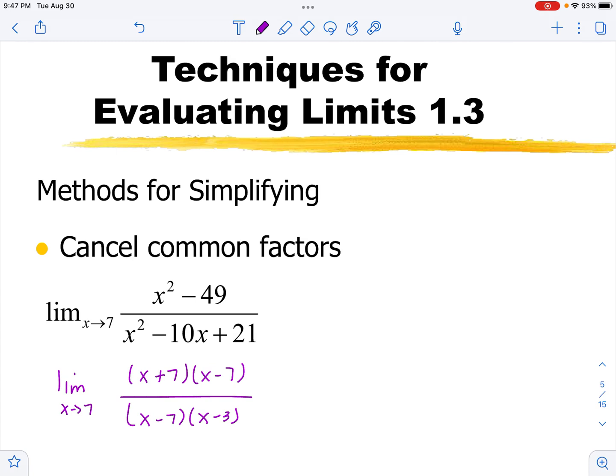We can't have 0 in the denominator, so it is undefined at 7. But when we factor, we can cancel those like terms. So again, direct substitution now is going to give us 14 over 4, or 7/2. So again, it does have a limit, but the value of that function at 7 is undefined.